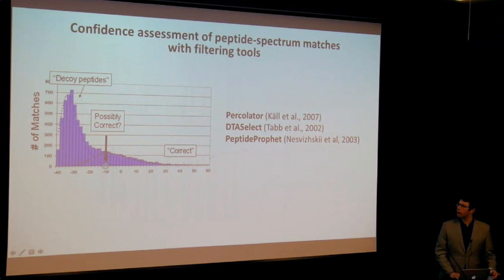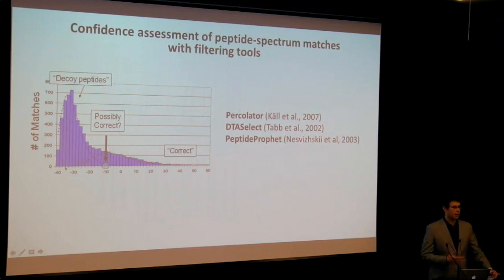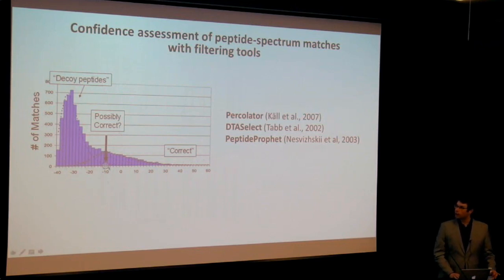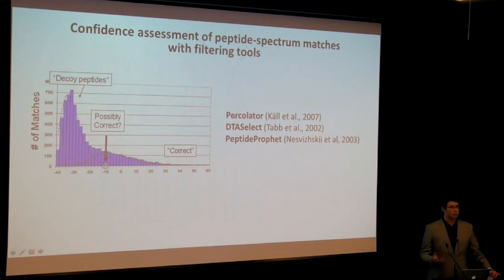Based on the confidence scores from the database search, they try to figure out the bad hits, the decoy hits, from the potentially correct hits that are a subset of the target hits, the matches to our theoretical database, and whether a hit was actually a correct peptide identification. The top one here, Percolator, is probably the state-of-the-art tool that is still today the most used.